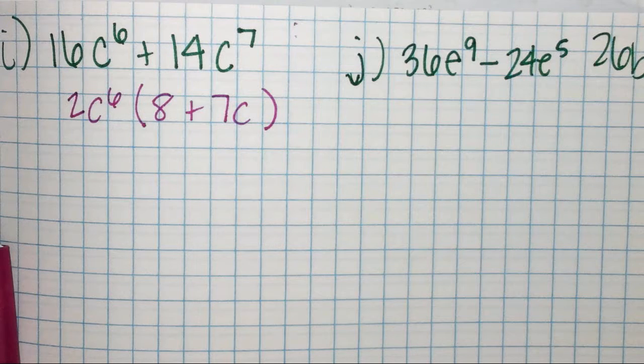So in case you forgot, from the 45 other problems we've done, find the biggest number that divides into both 36 and 24, and then take the smallest exponent.